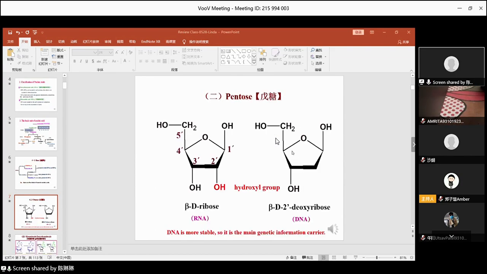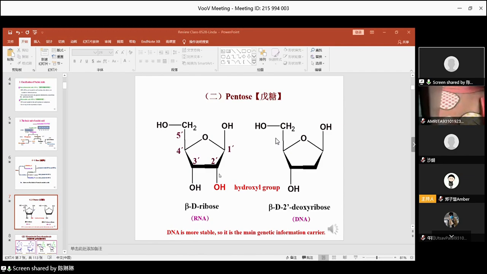Okay. And next, the next difference between DNA and RNA is the pentose difference. In RNA, I have already told you that it contains a beta-D-ribose, right? But in DNA, it is the beta-D-2'-deoxyribose, okay? And their difference is on the 2' carbon atom, right?